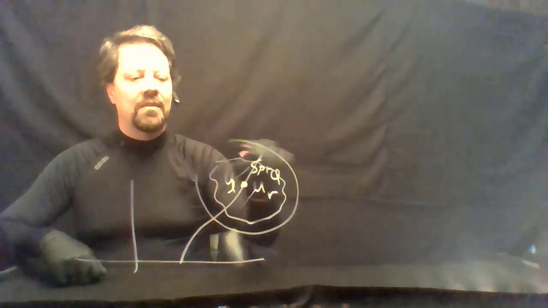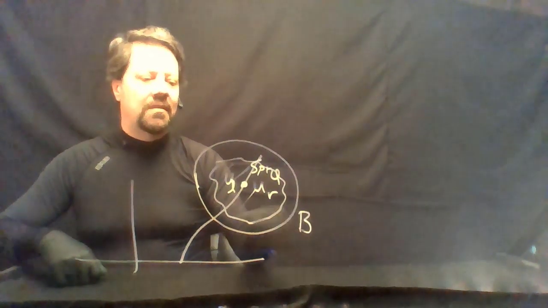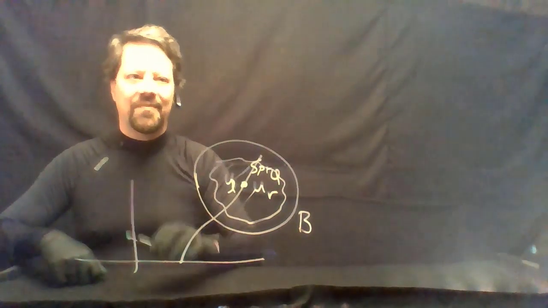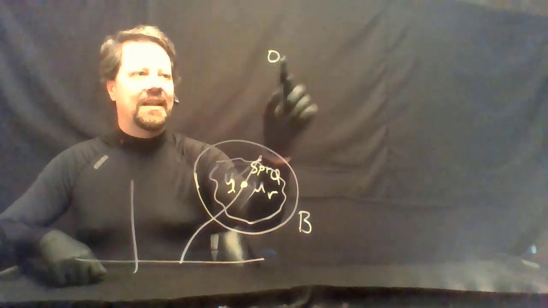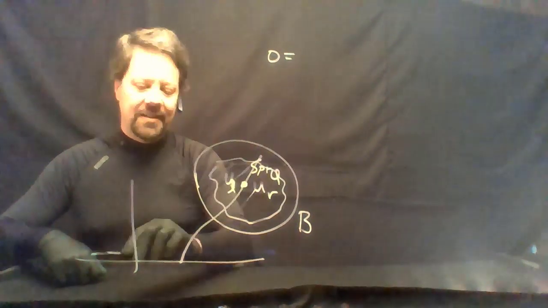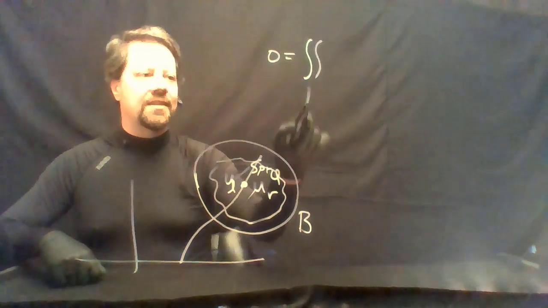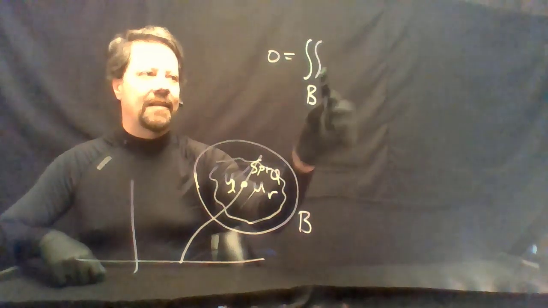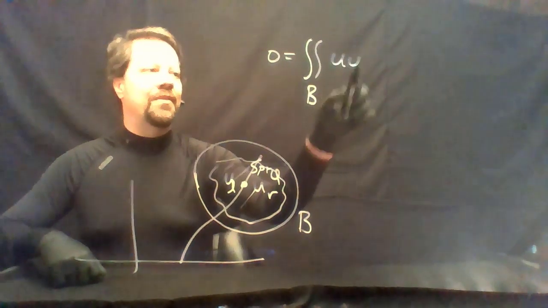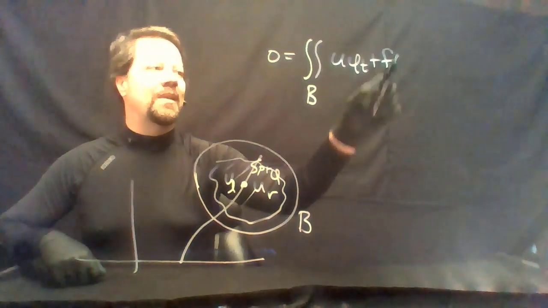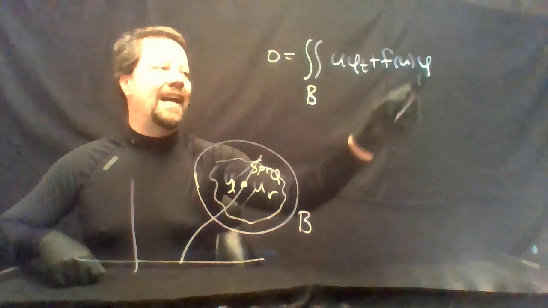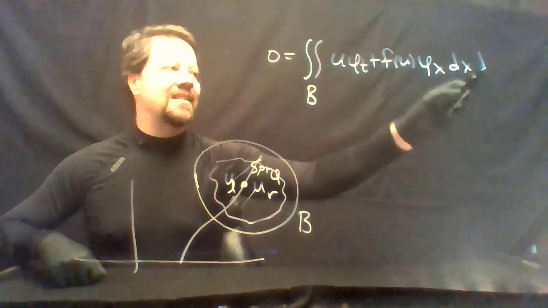And what is more, we'll draw a ball around the support. Because the support of phi is away from the initial data, the weak form of conservation will take the form the integral on B of u phi_t plus f of u phi_x dx dt.